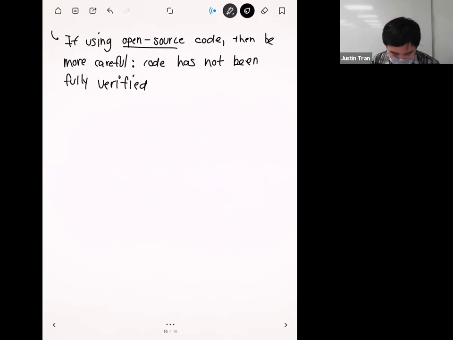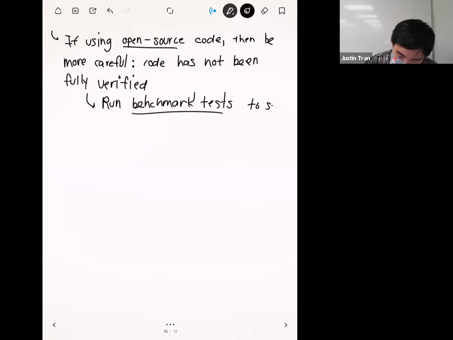And so if you are going to use a code like this, then I would highly recommend that you run some benchmark tests, just to see if the solutions that you get from this code make sense.